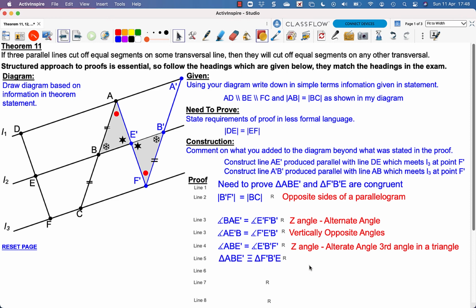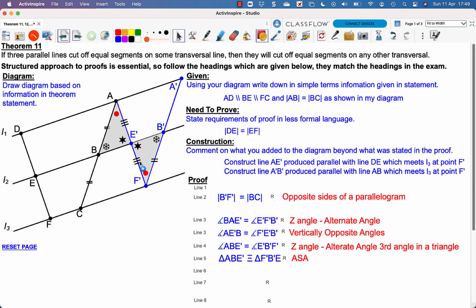That means all corresponding sides must now be equal. So this side here, AE dashed, goes from red dot to star, and there's a red dot to star here, which means AE dashed and E dashed F dashed must be equal.